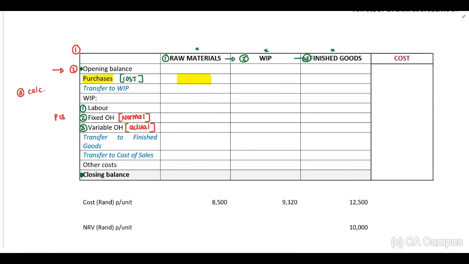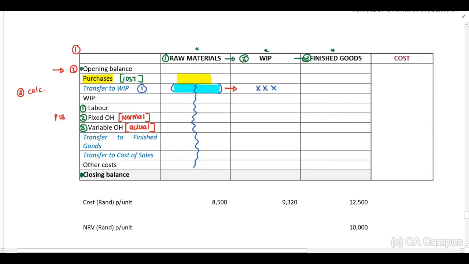Then once you have calculated all of the variables of your raw materials, you will be able to calculate the amount that should be transferred to your WIP. Therefore, guys, this is the amount from the raw materials transferred that is used in your work in progress.